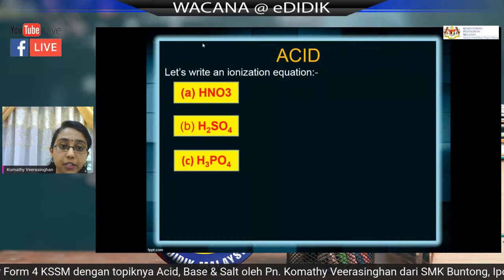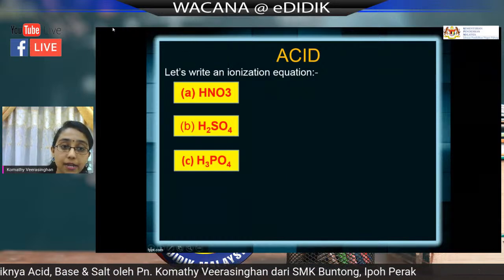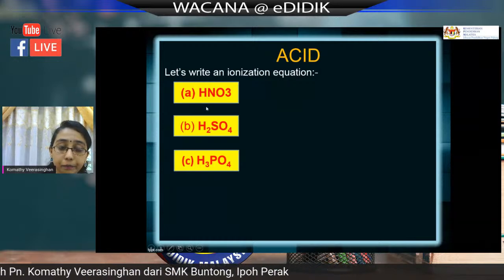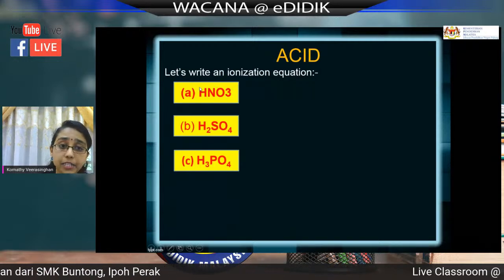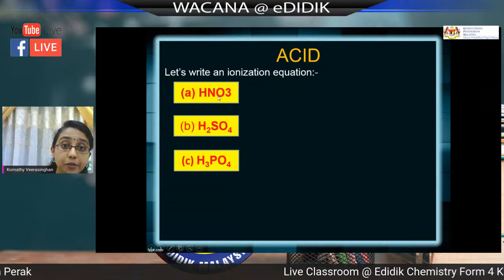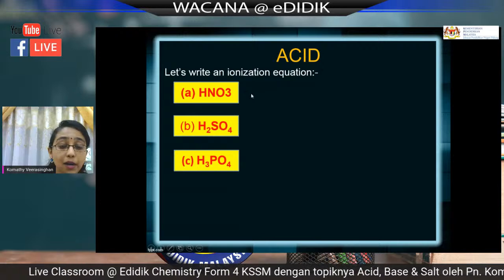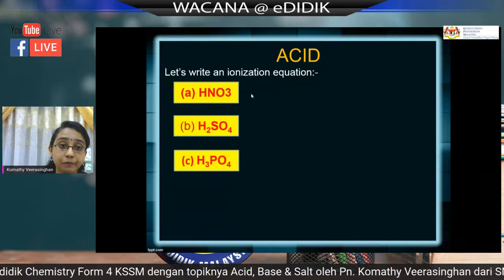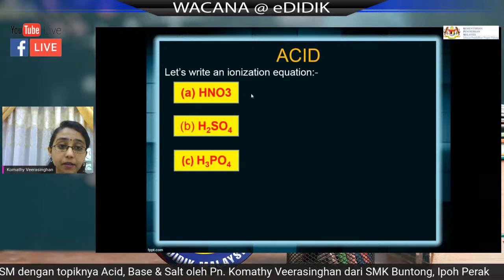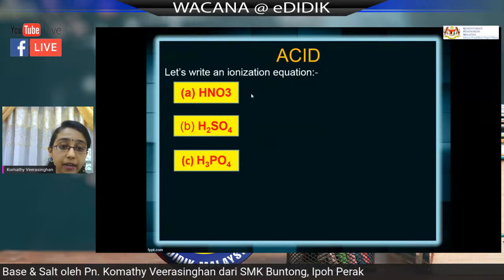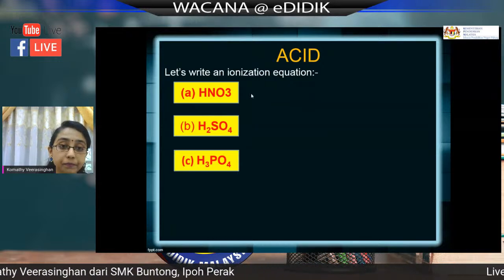How to write the ionization equation? Remember, class? Let's look at the first acid here, which is nitric acid. When nitric acid molecules dissolve and ionize in water, what are the ions they produce? Write their respective ions and balance the equation.